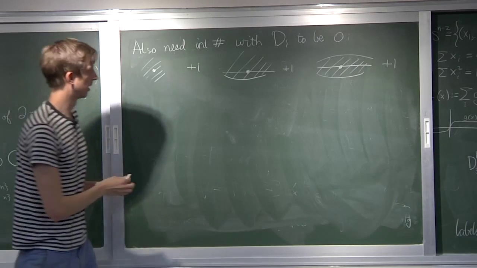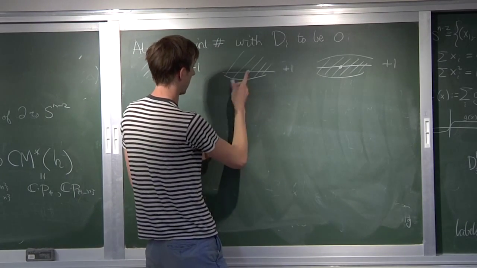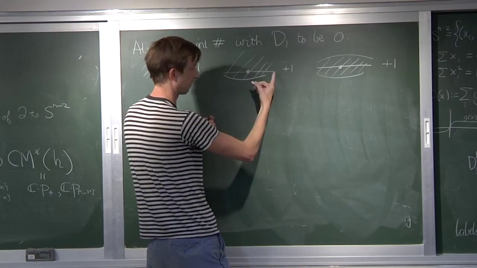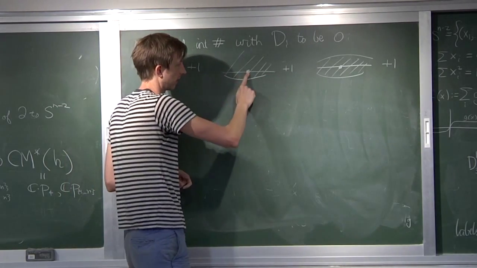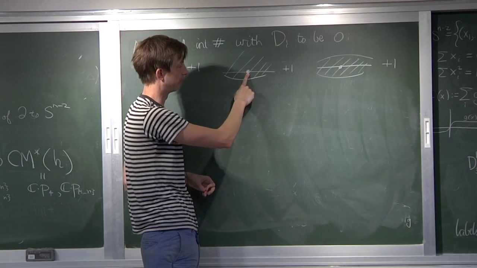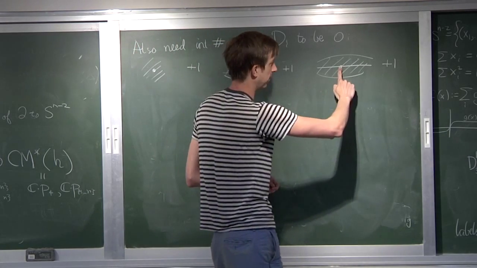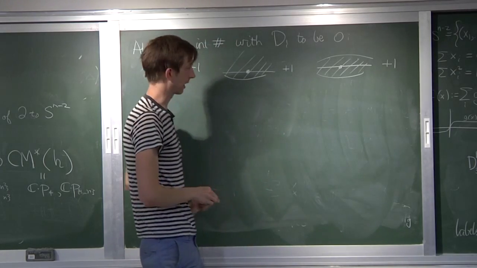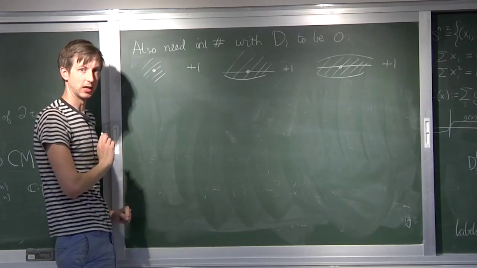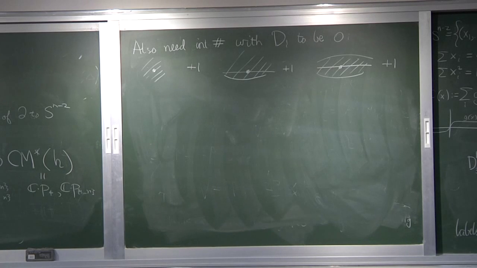You could have a piece of the boundary of your disks crossing the real part of the divisor in positive direction. You could have a flow line of F crossing the divisor in any direction, or you could just have an interior intersection point of one of these disks with the divisor.